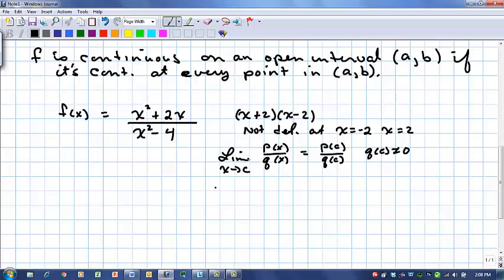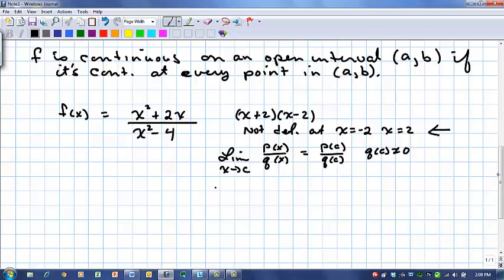So for any other c, this is going to be true. Therefore the limit exists, the function is defined, and the limit equals the value of the function. We satisfy the three conditions for continuity. So these values are the only two places where this function is discontinuous.